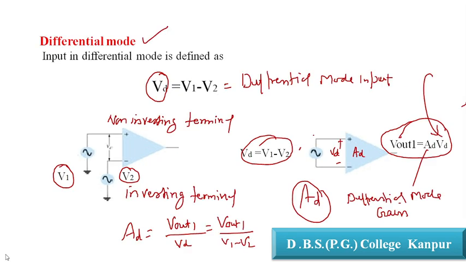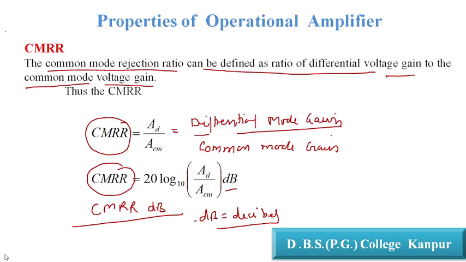On the first slide, what is CMR? CMR, as you now well understand, is AD upon ACM, meaning CMR is a ratio of differential mode gain to the common mode gain.